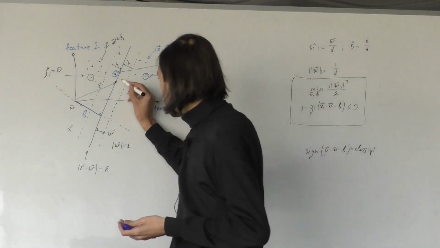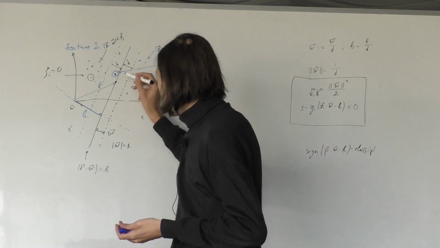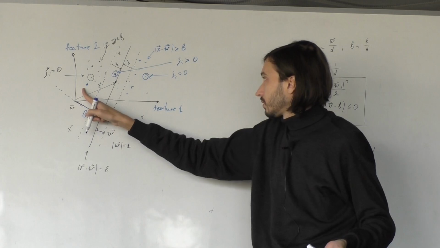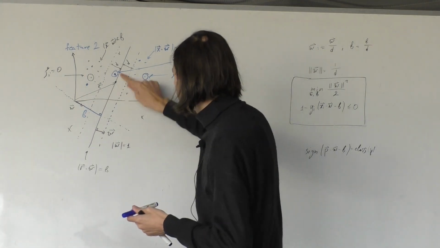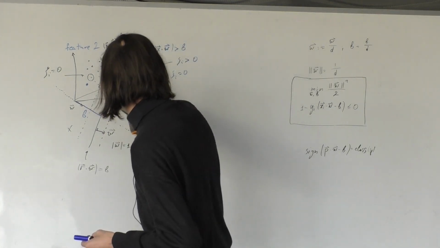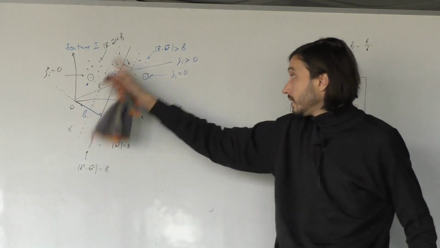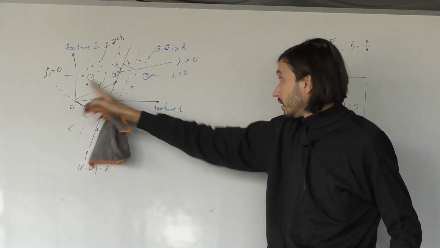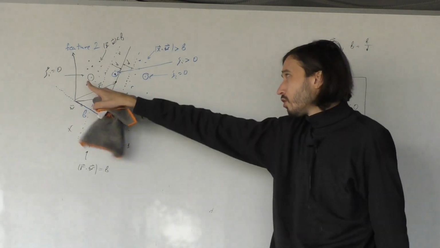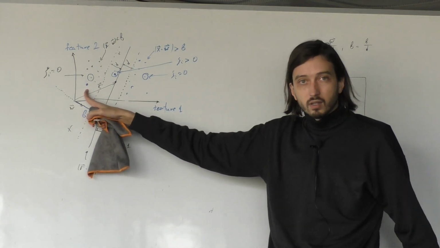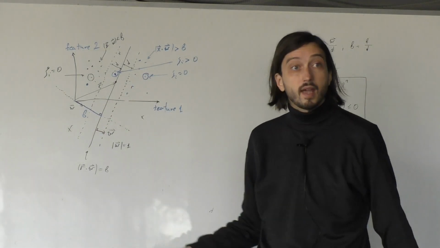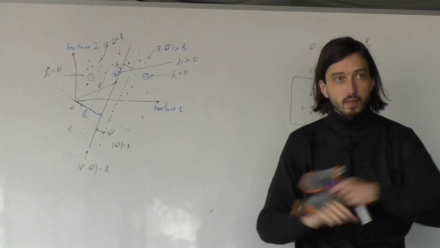I may have some points of the black class somewhere in here, and some blue points, and one outlier here. Now I cannot draw any line that separates these blue points from black points. I can do that, but we all know this is just an outlier. I don't want one outlier to break my classifier.